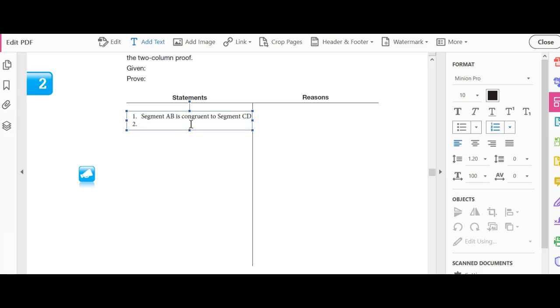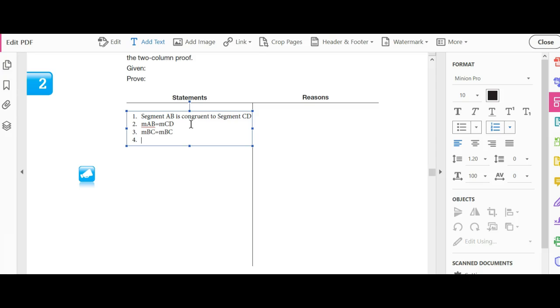And then statement 2 is the measure of segment AB is equal to the measure of segment CD. And then statement 3 would be that the measure of BC was equal to itself, right?